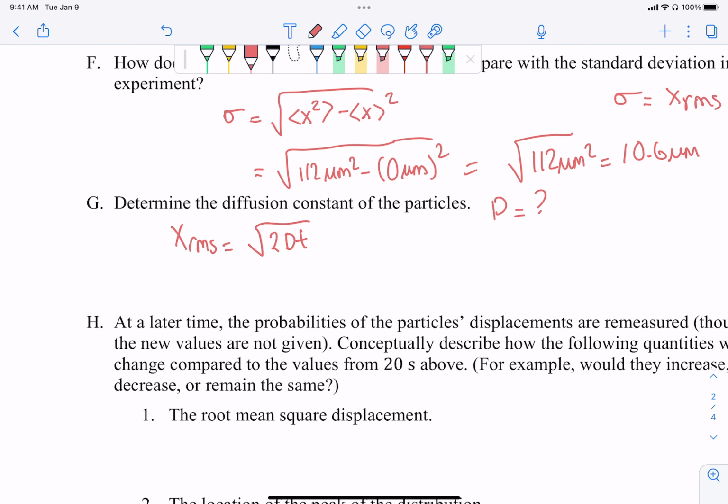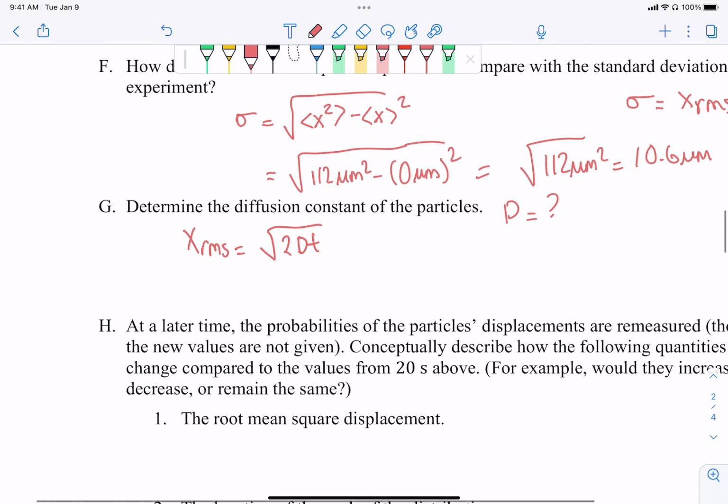And we know our XRMS, that was 10.6 micrometers. So to solve for D, we square both sides. We have 2Dt, and we can divide over by 2t.